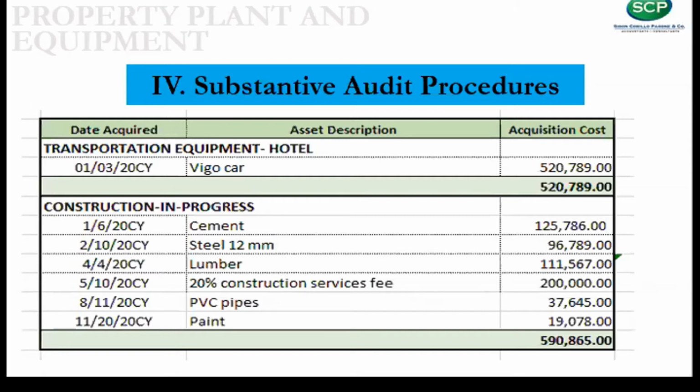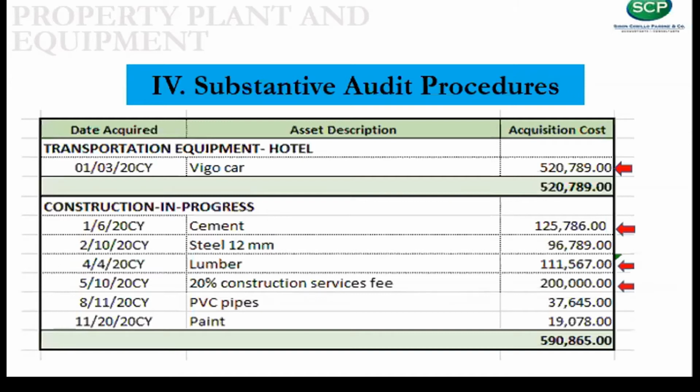So we will request the client to provide us a document supporting the Vigo car for 520,789 pesos, cement for 125,786 pesos, lumber for 111,567 pesos, and the construction service fees for 200,000 pesos.